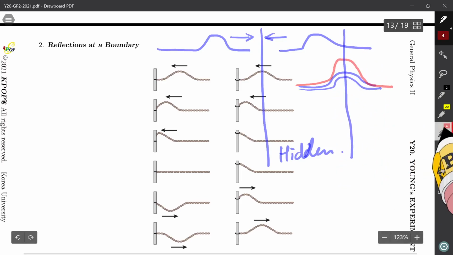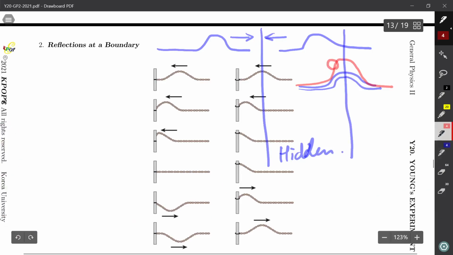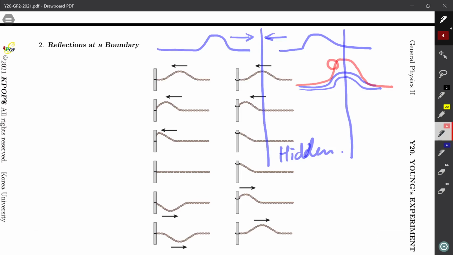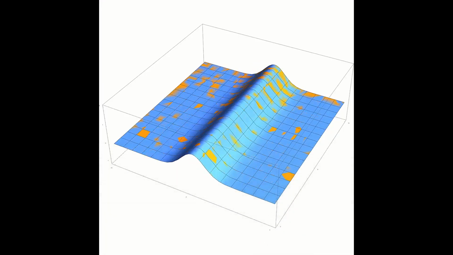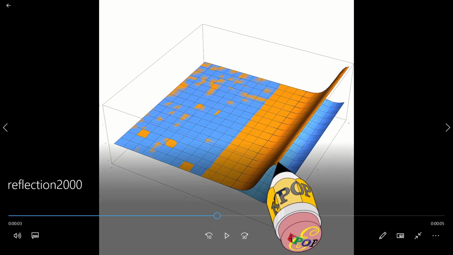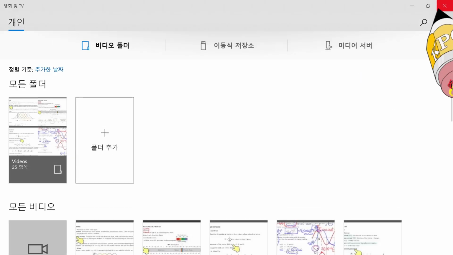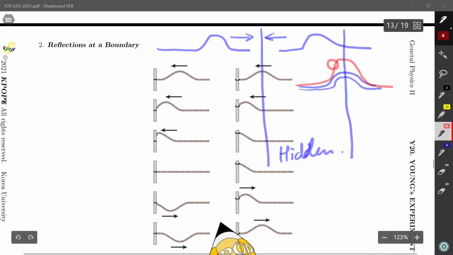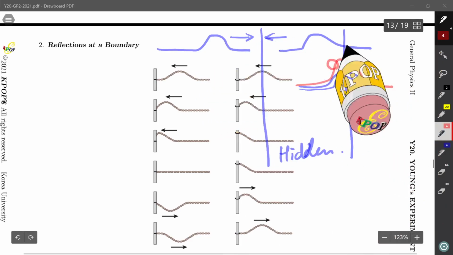So this part is just like what you have seen previously. At this moment, the amplitude is doubled because of the complete constructive interference between the two colliding waves.